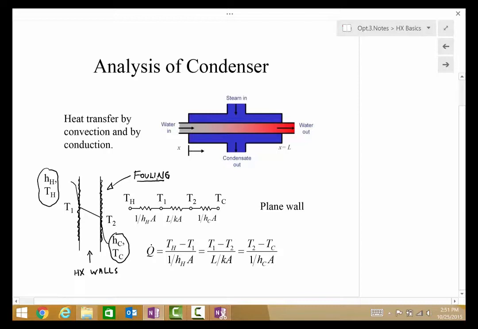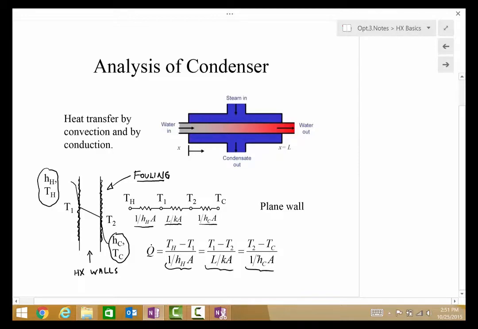From the perspective of a resistance analogy for a plain wall, we understand that the heat transfer resistances would be a convective resistance, in this case on the hot side, a conductive resistance for a plain wall, L over kA, where A is the area, and another convective resistance on the cold side fluid. We know that the heat transfer rates are the same in some sense between all these walls for a steady problem.